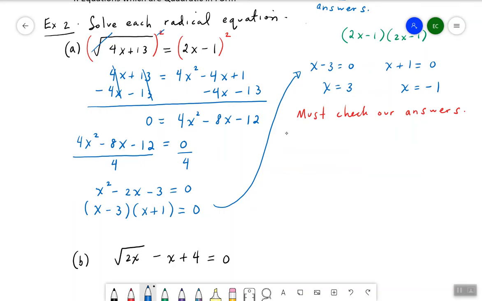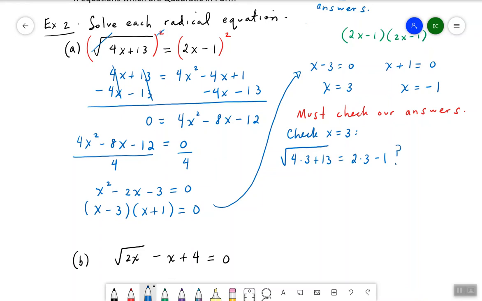So let's go ahead and check x equals 3. And let's just plug into the original equation, right? So we have a square root of 4 times x plus 13 on the left. And on the right, we have 2 times x minus 1.